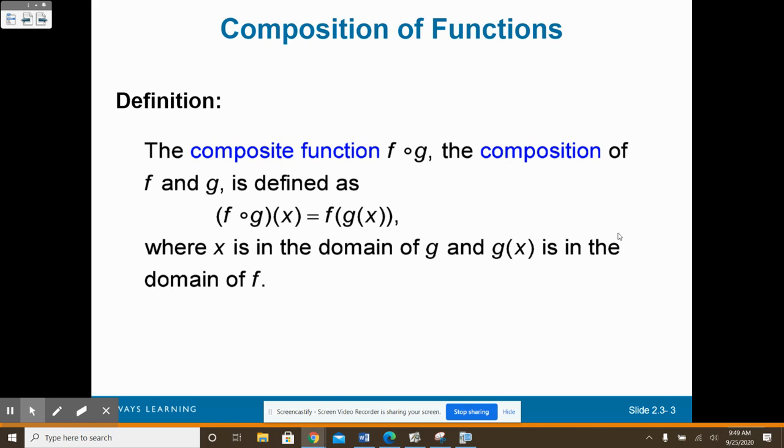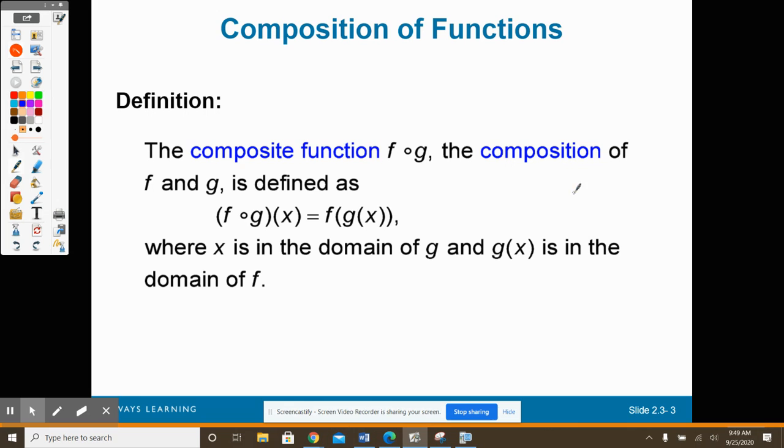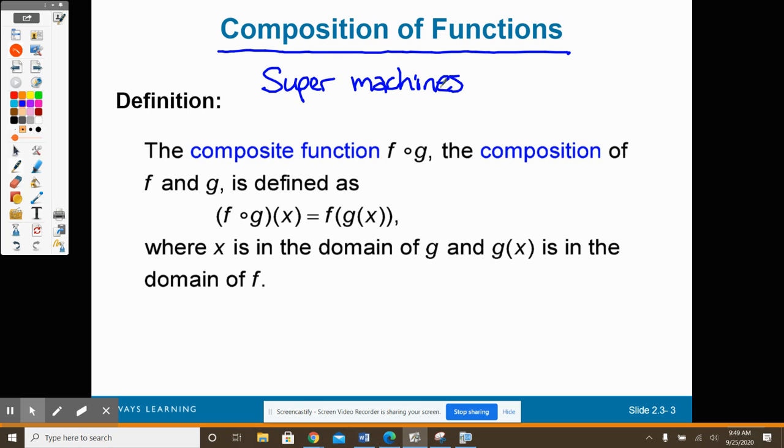Okay, so what is a composite function? A composite function is when one function follows the other. Basically, composition of functions, what I like to think of them is they're super machines. And what happens is one function follows the other.